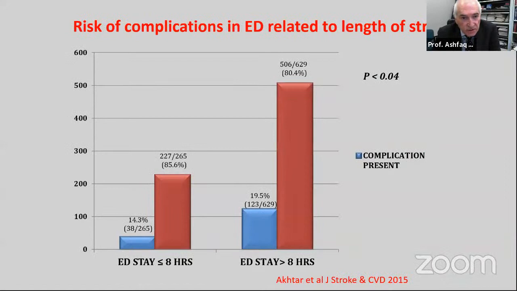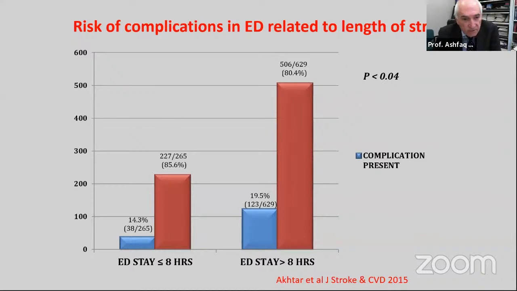We published this work from Qatar, where we looked at patients. Here are the numbers in red, those who were discharged out of the emergency to the stroke unit within 8 hours or less, and the number of patients who stayed for more than 8 hours. So the majority, 80% of the patients, unfortunately, did not leave the emergency in under 8 hours.